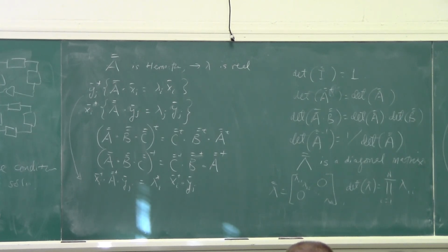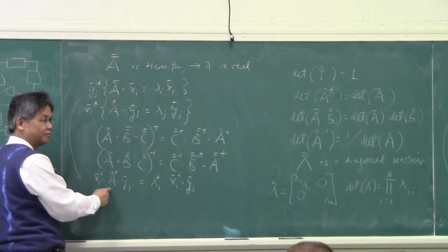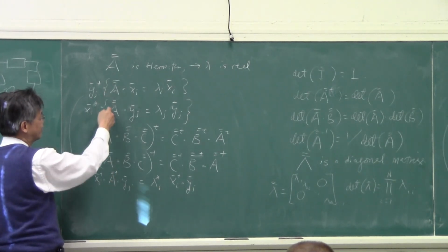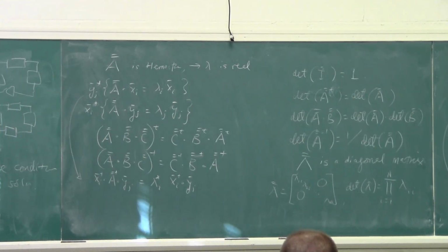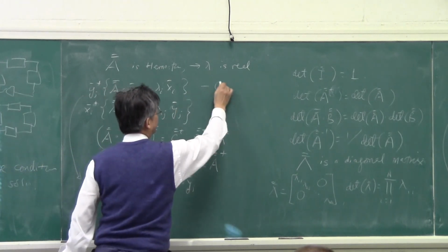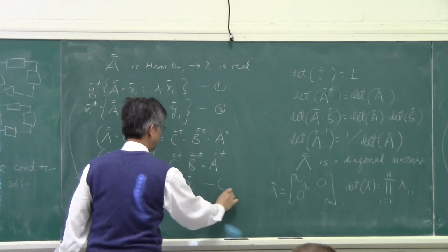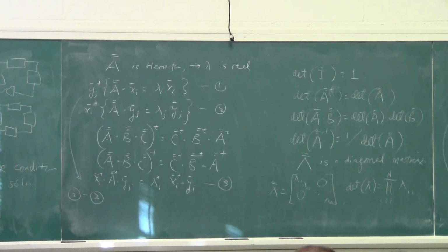And then the second line, I say that A conjugate transpose is itself because A is symmetric. So if you look at the left-hand side of this line, it's actually equal to the left-hand side of the second line. Can you see that? Okay, and you subtract the two equations. If I take, say, 1, 2, and then 3, I take 2 minus 3. Okay, the left-hand side will cancel.